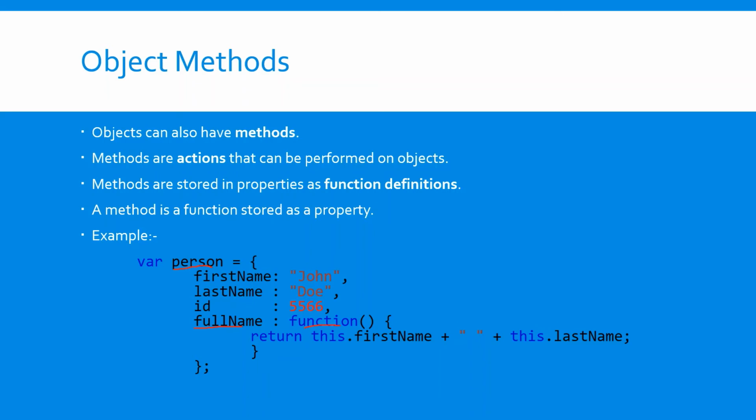This property which has a function or an action to perform on an object is known as a method. So the full name function is a method for the person object.